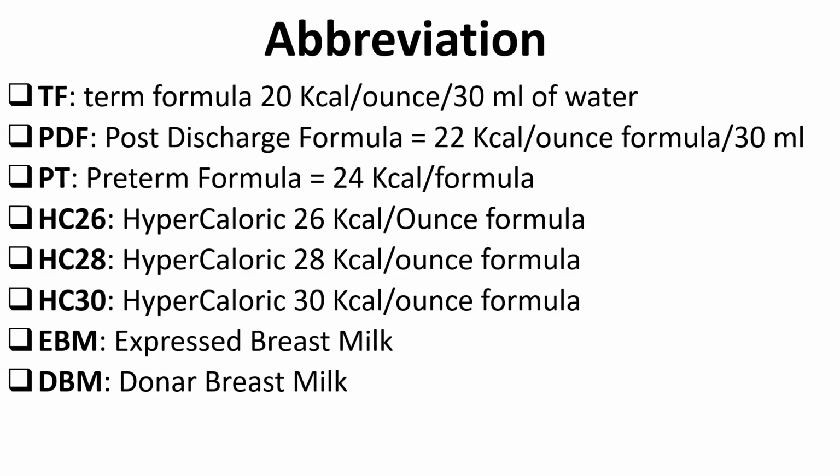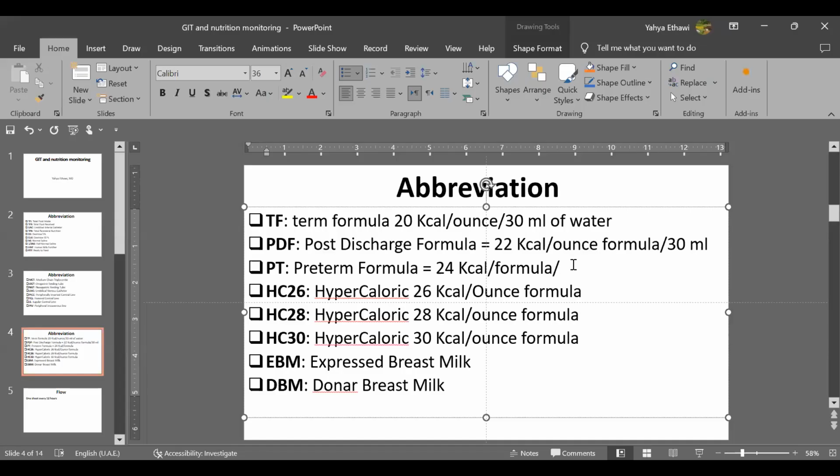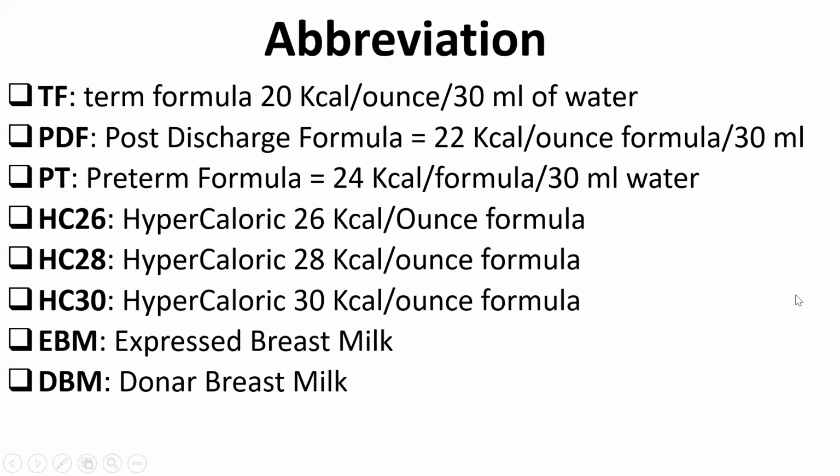But if you divide 24 by 30, multiply by 100, how much do you get? 80. You get 80, exactly. 0.8.